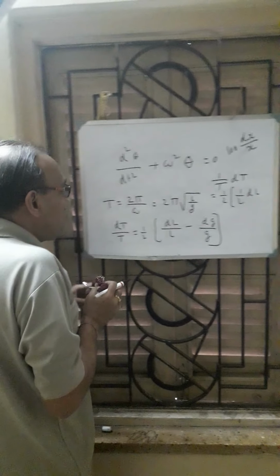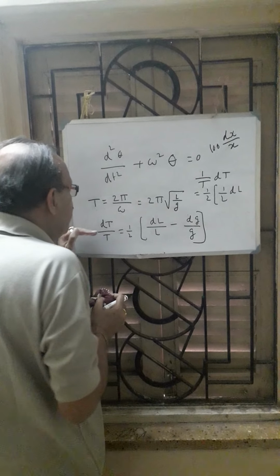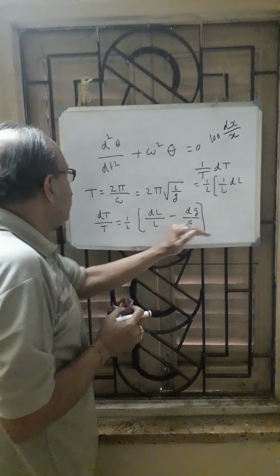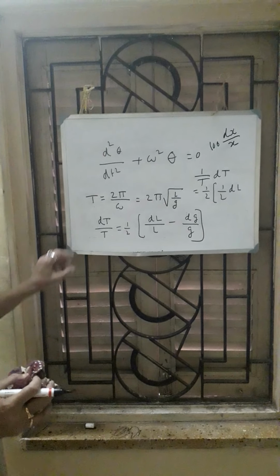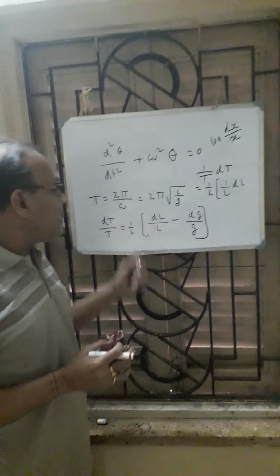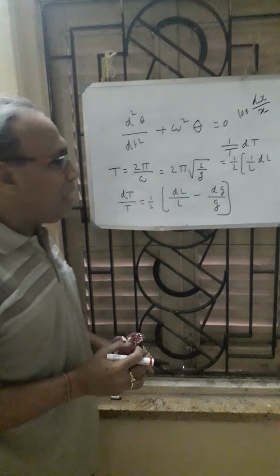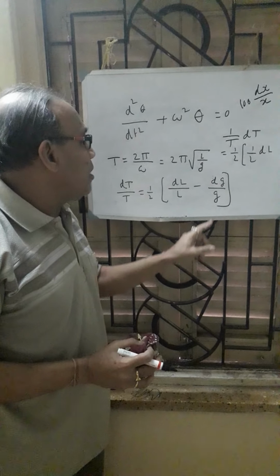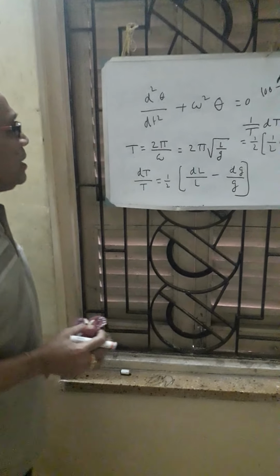Remember, if I multiply by 100, then it will give me percentage error. dt by t is the relative error in measuring time period. dt is the loss or gain. dl is the increment in length of the original length. dg is the differential change of the acceleration due to gravity.